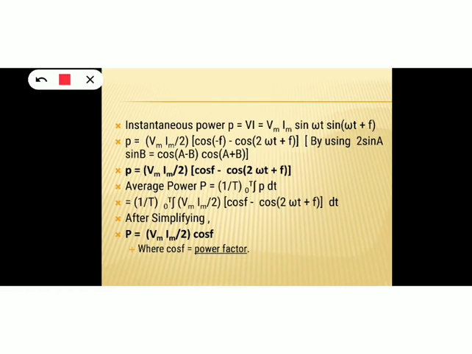Now how will you find the instantaneous power? To find the average power, first we need to find the instantaneous power. So instantaneous power P is VI, that means Vm sin omega t into Im sin(omega t plus phi). So P equals Vm Im sin omega t sin(omega t plus phi).